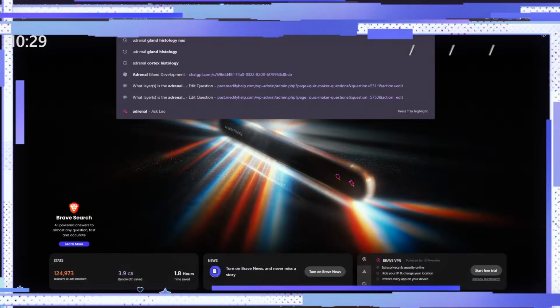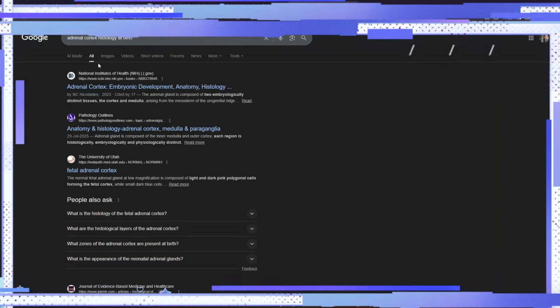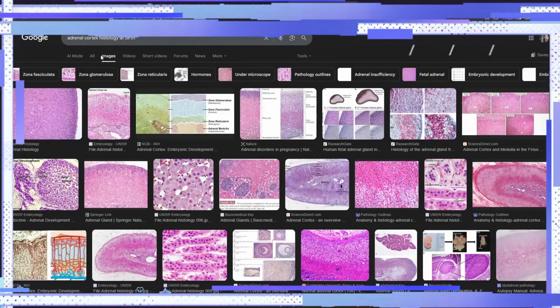I want to see adrenal cortex histology at birth, only the two layers.